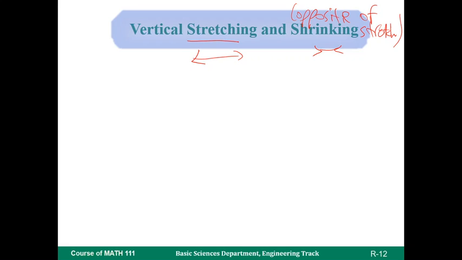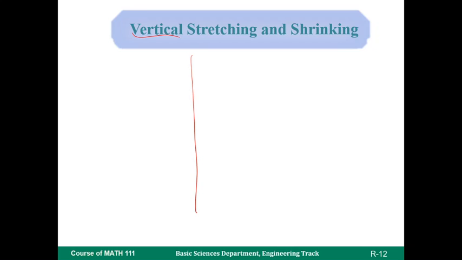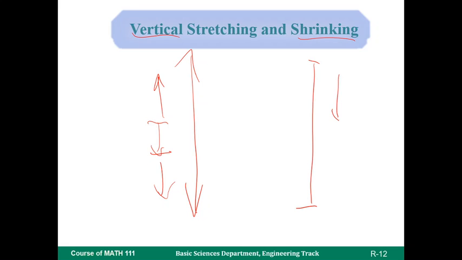Now, we will think of vertical stretching. Vertical stretching means it was something like this, so you stretch it, so you make it bigger. And shrinking, it was like this, so you shrink it, so it became smaller.